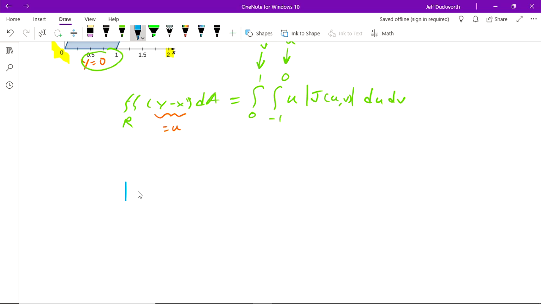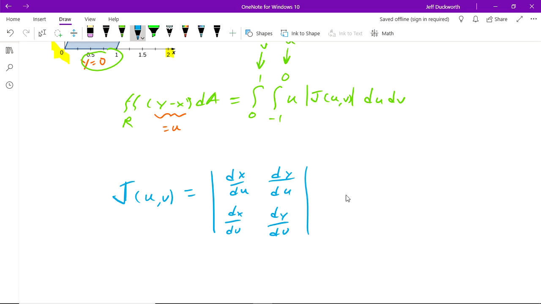Jacobian of uv is the determinant, and again, this is the partial derivative of x with respect to u, dx dv, excuse me. This is dy du, and then this is dx dv, and this is dy dv. This is the determinant, right?